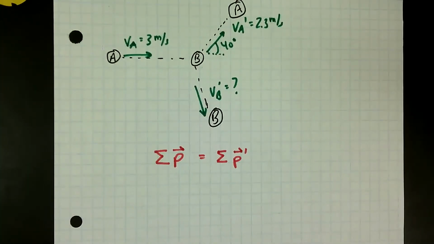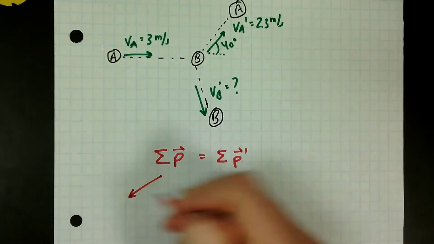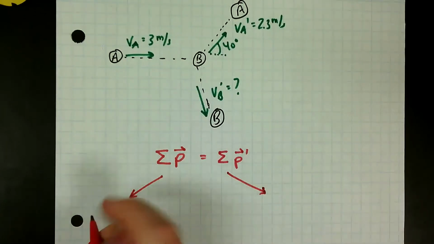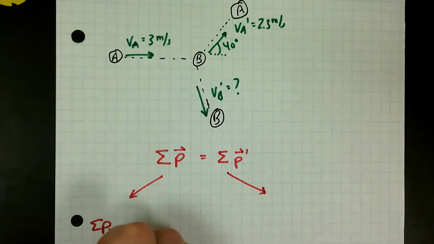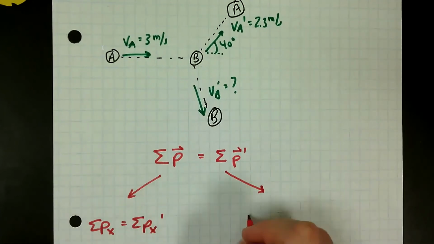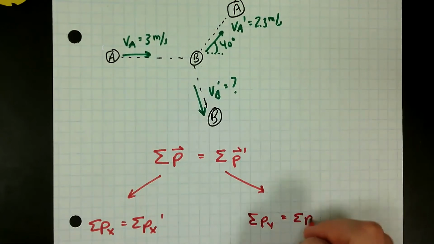And generally speaking, how do we deal with vectors? Yeah, we use our components, right? So this, we can split into two. We can say sigma px equals sigma px prime, and we can say that sigma py equals sigma py prime.